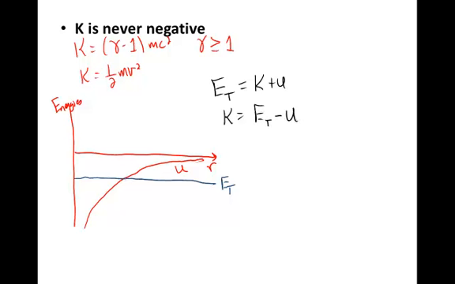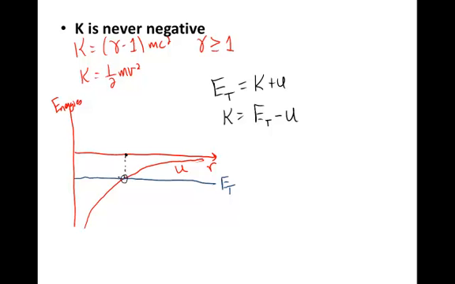So at this point right here, where the total and potential energy are the same, the kinetic energy is going to have to be 0. This point right here is called the turning point, and this is the point where an object that would be moving, say, in an orbit or whatever, would turn around.